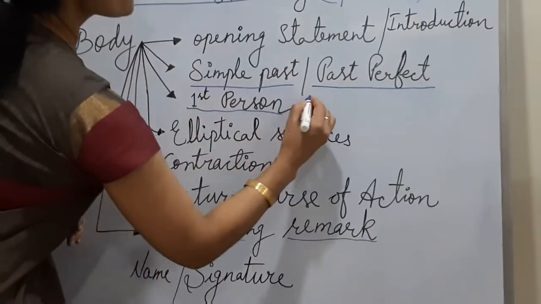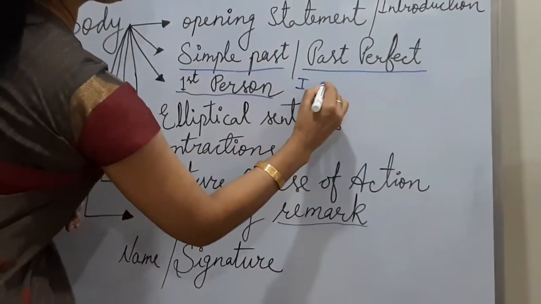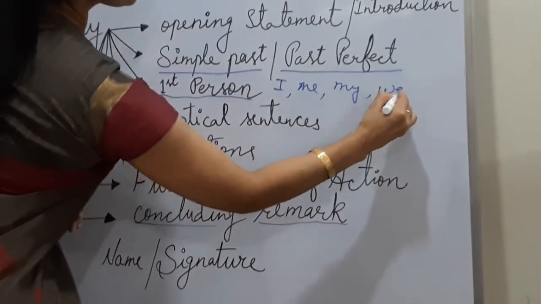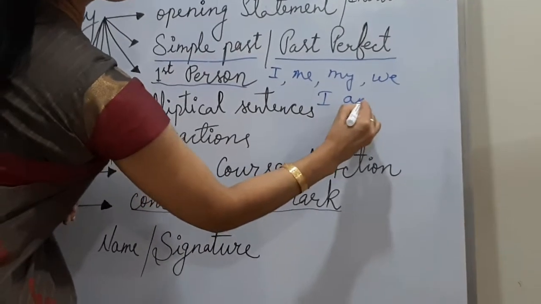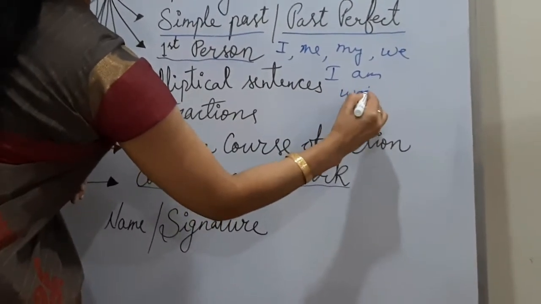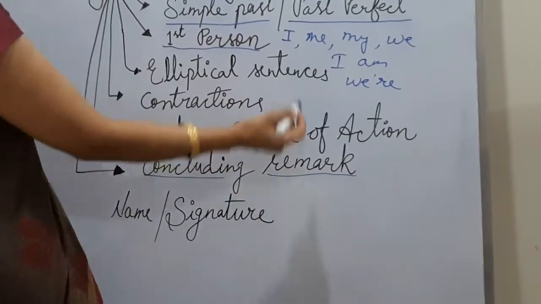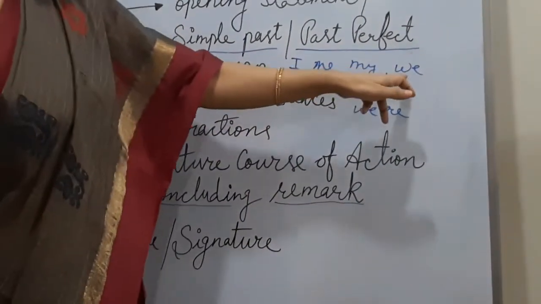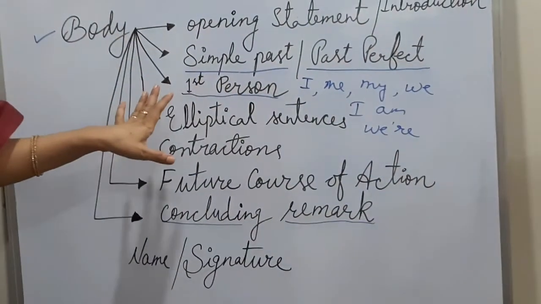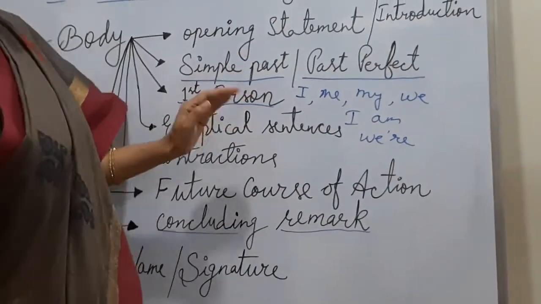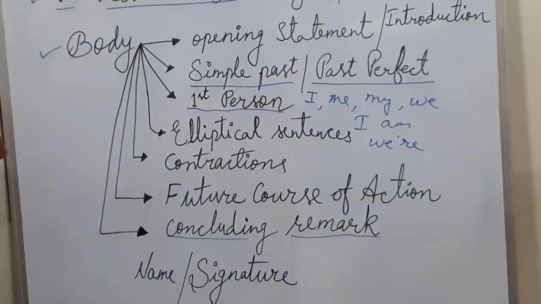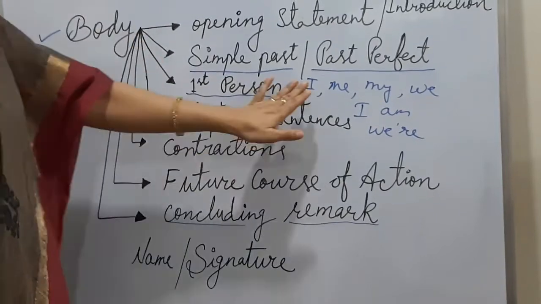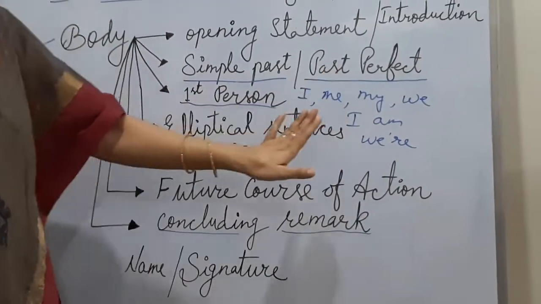So you should use first person, like I, me, my, we, like I am, we are. So this way you can start the sentences. I, me, my and we are all first person, and there is no need to use the third person. Unless there is a need, please avoid using the third person. Only use first person.